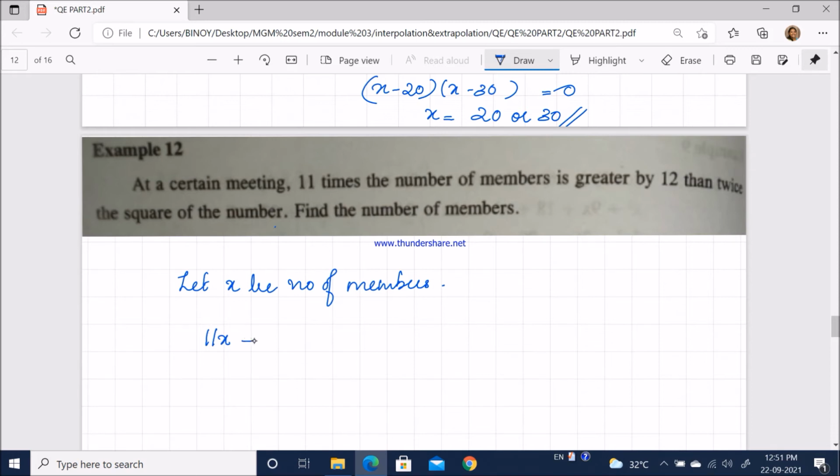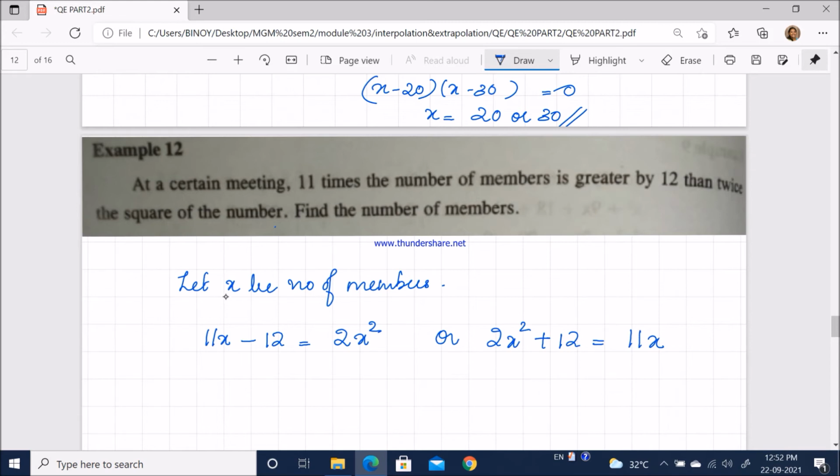Means 11x minus 12 is equal to twice the square of the number, 2x square, or you can consider 2x square plus 12 is equal to 11x. Either way you can consider.